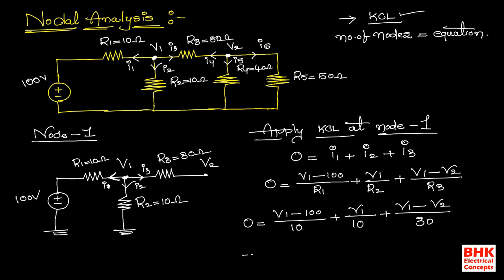Okay, now I am simply writing here, 0 is equal to V1 divided by 10 minus 100 divided by 10 plus V1 divided by 10 plus V1 divided by 30 minus V2 divided by 30.